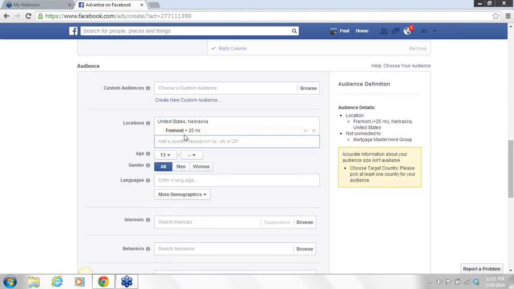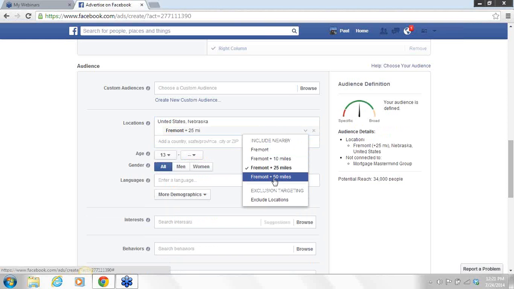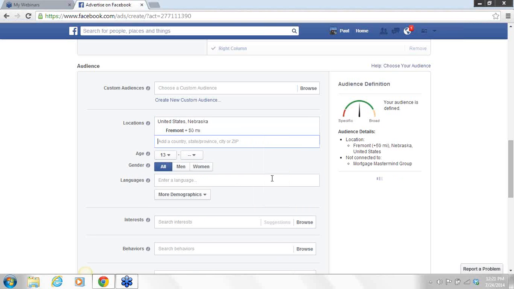By default it sets it at a 25-mile radius, but I've got this little drop down here and I can select that and choose to go a 50-mile radius around this area. What that gives me is it dilutes my number. Each time I make a change to my demographic, it changes the number of people that I'm actually marketing to.